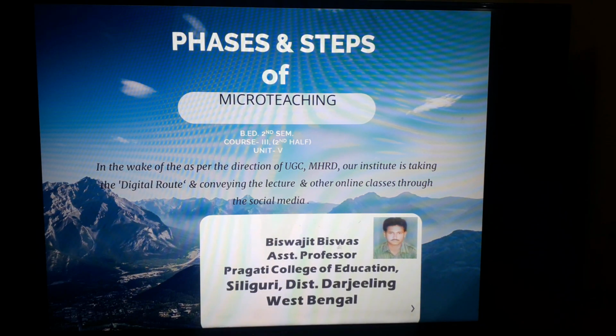It is a training procedure aiming at simplifying the complexities of the regular teaching process. In a micro teaching procedure, the trainee is engaged in a scaled down teaching situation. It is scaled down in terms of class size, number of pupils, small topic, and immediate feedback.